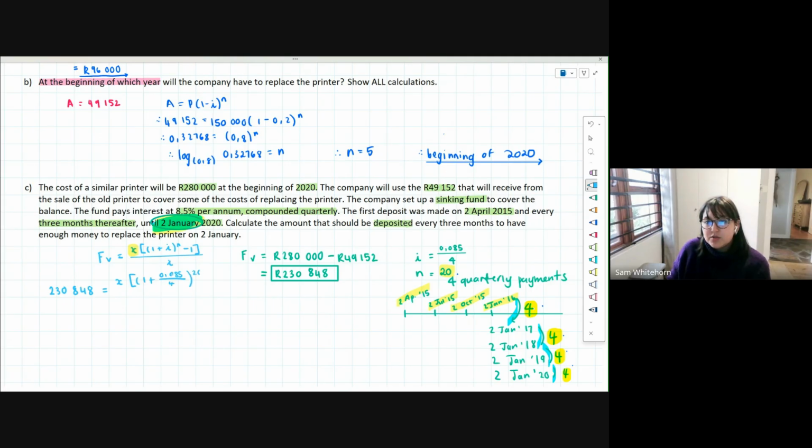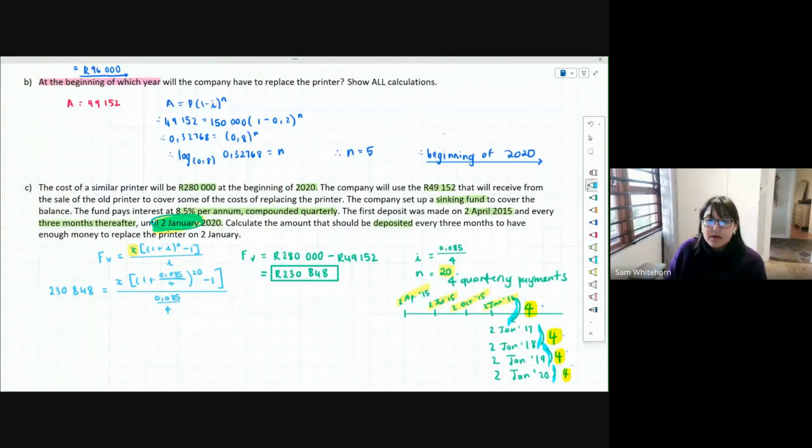And this is now to the power of 20, as we've just discussed, minus 1, all over that i value. Remember, there are different ways to write this i value. I prefer to write it like this, but it doesn't matter. As long as you get across that it is a percentage and the compounding period, we don't really care. All right, so from here, we now solve.